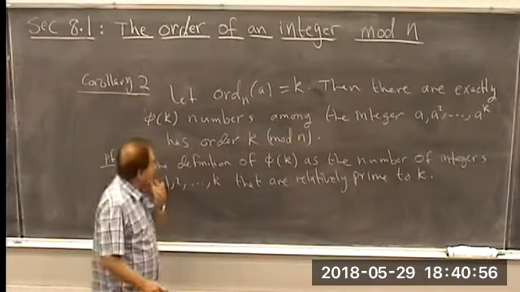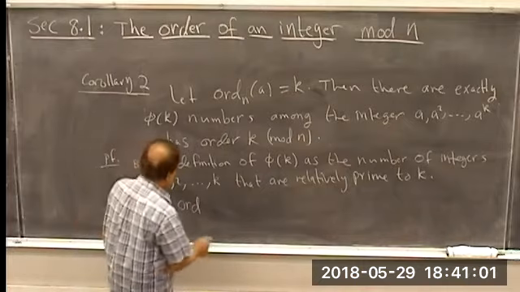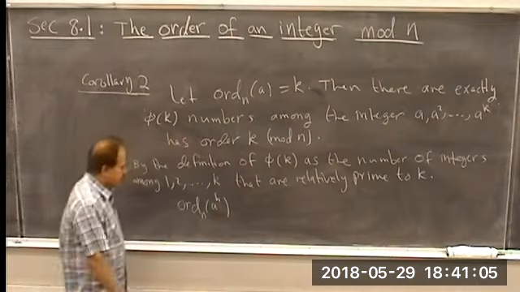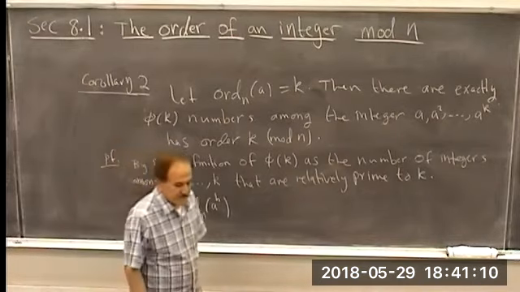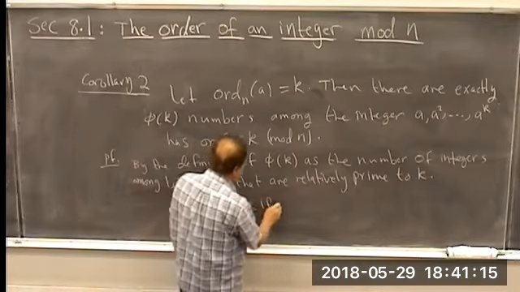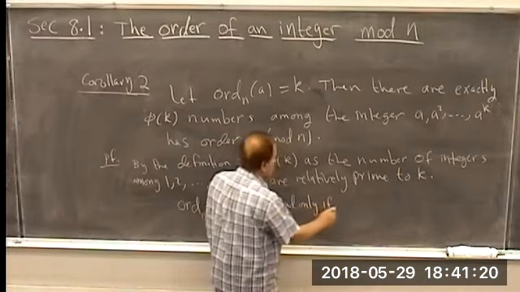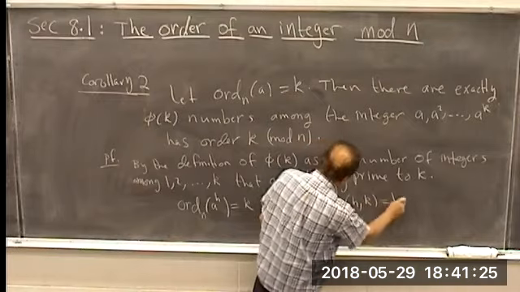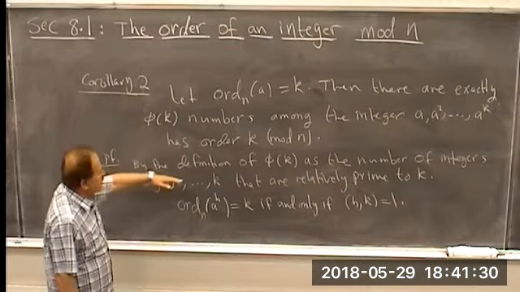Now, remember that by the previous corollary, the order of A to the H is equal to K if and only if the greatest common divisor of H and K is equal to 1. So in other words, how many of these are there?